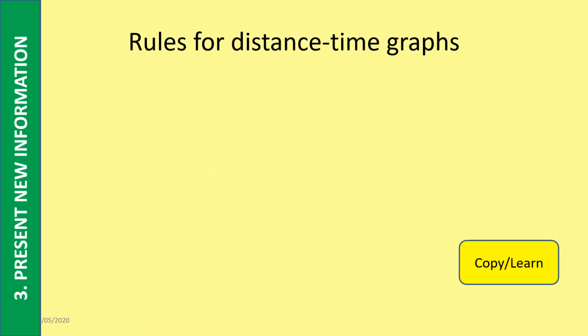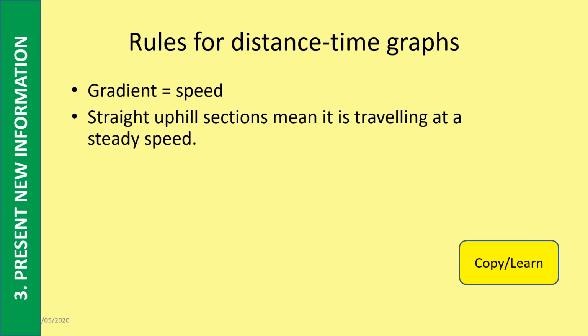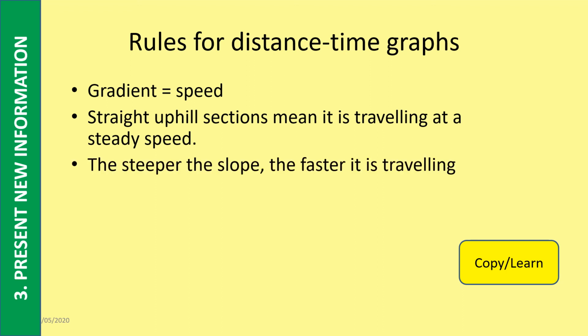So to summarize what we know for distance time graphs, the gradient or the slope tells you the speed. A straight uphill section means it's traveling at a steady speed. The steeper the slope is, the faster the object is traveling. A flat section is when the object is not moving, it is stationary.